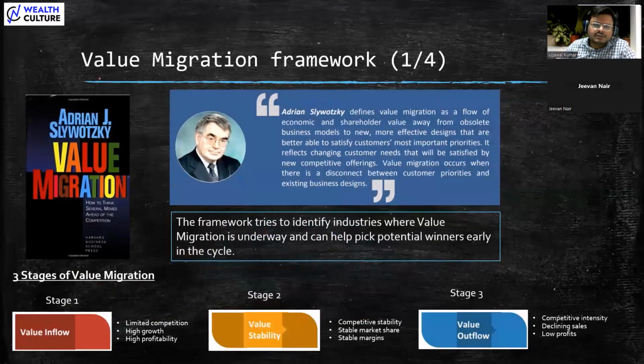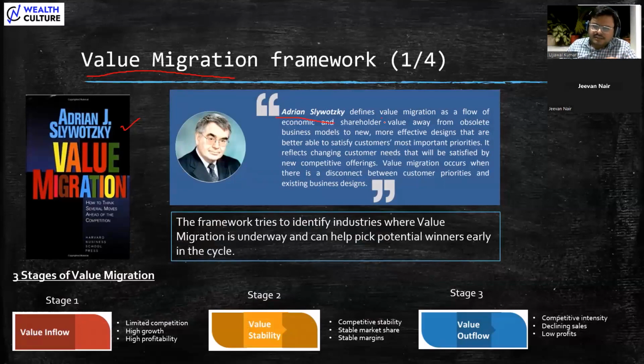And this concept called value migration, Adrian Slavotsky is the guy who brought this concept through his book. This is the book that he wrote, and it defines value migration as a flow of economic and shareholder value away from obsolete business models to new, more effective designs that are better able to satisfy customers' most important priorities.